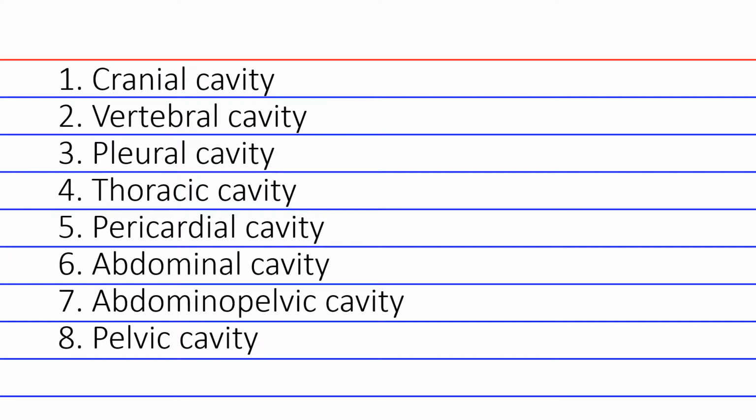The answer is the cranial cavity, the vertebral cavity, the pleural cavity, the thoracic cavity, the pericardial cavity, the abdominal cavity, the abdominopelvic cavity, and the pelvic cavity.